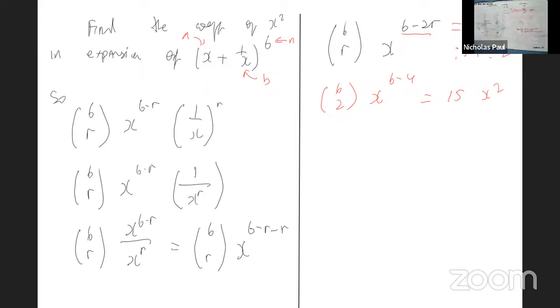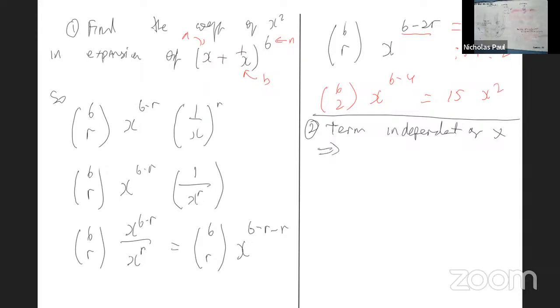Here's what you're doing for me now. Same question, but here's what I want. I would like to get the term. That was part 1. Same question, part 2. Find the term independent of x. What does that mean?